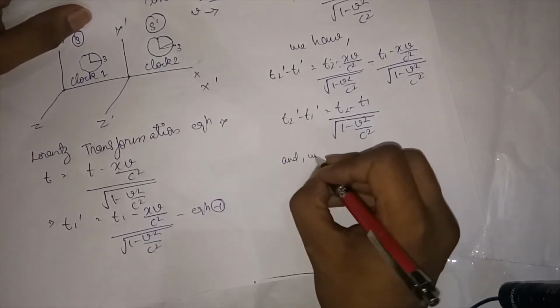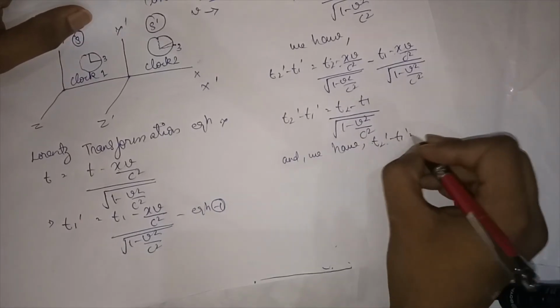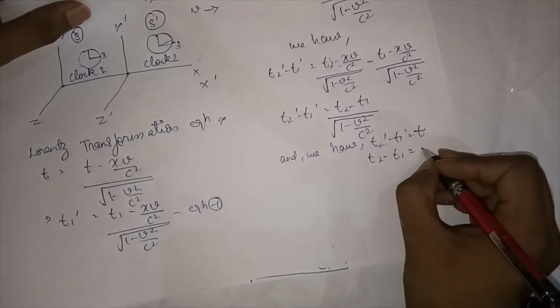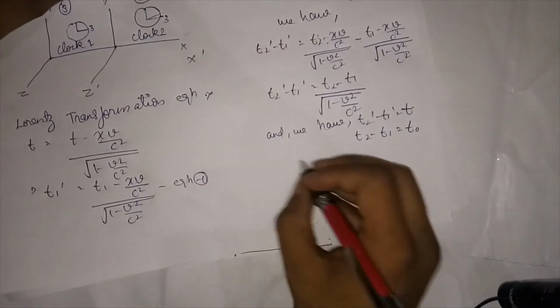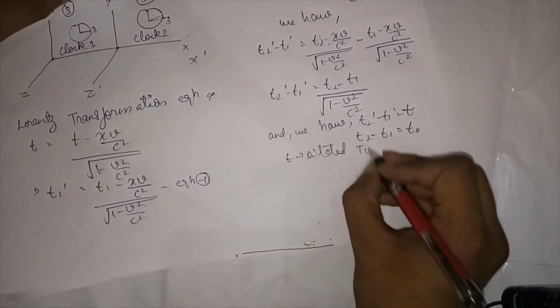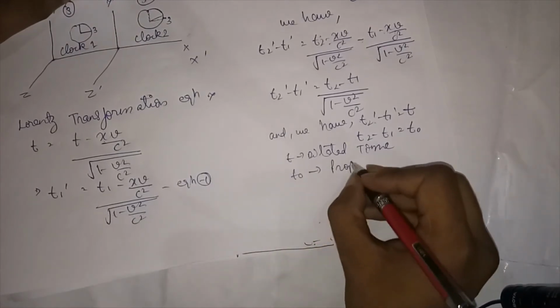and we have t2 dash minus t1 dash equal to t, and t2 minus t1 equal to t naught, where t is the dilated time and t naught is the proper time.